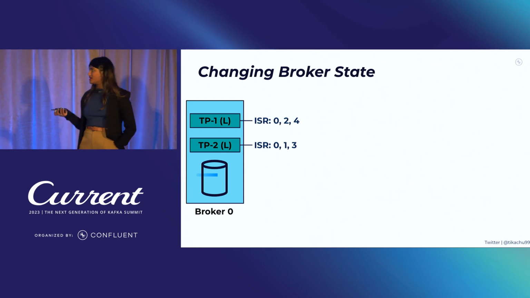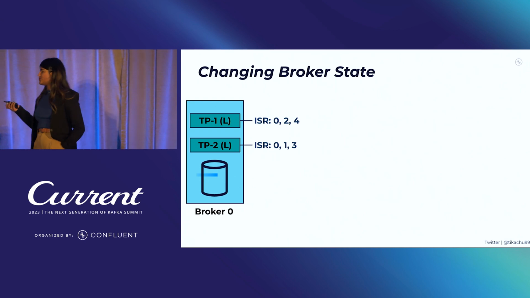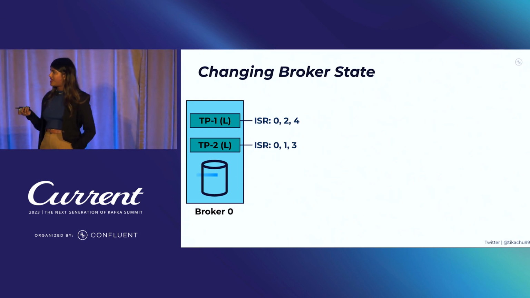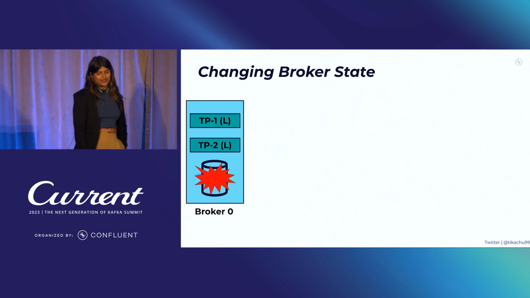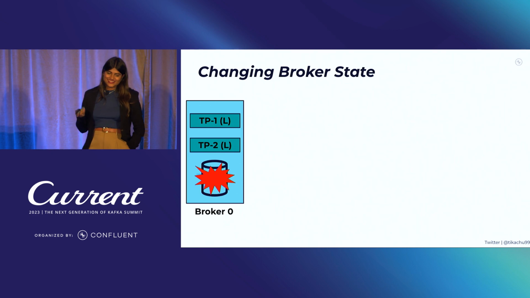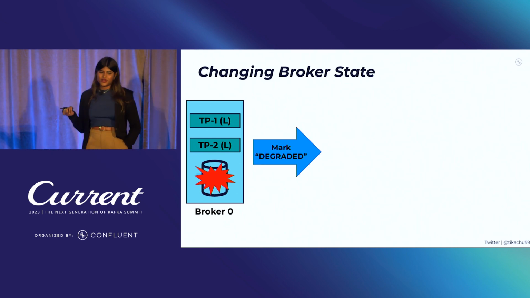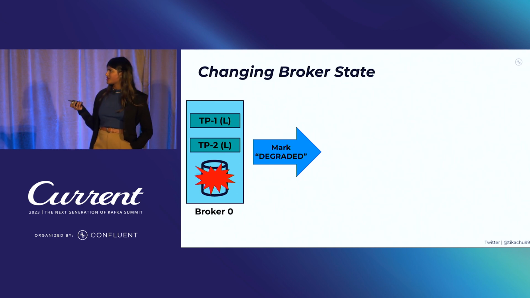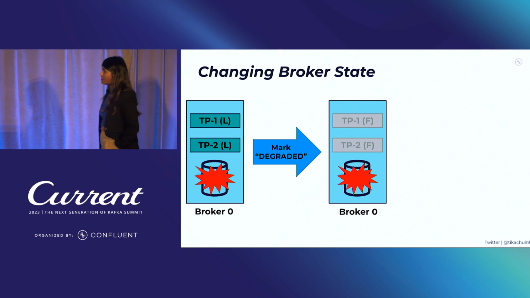Currently the in-sync replicas for each of these topic partitions are as follows: brokers 0, 2, and 4 for TP1 and brokers 0, 1, and 3 for TP2. Okay, disk goes boom, now what? Well, our monitor detects this, and we trigger the remediation, or Shoreline runs the script, which will then mark this broker state as degraded.